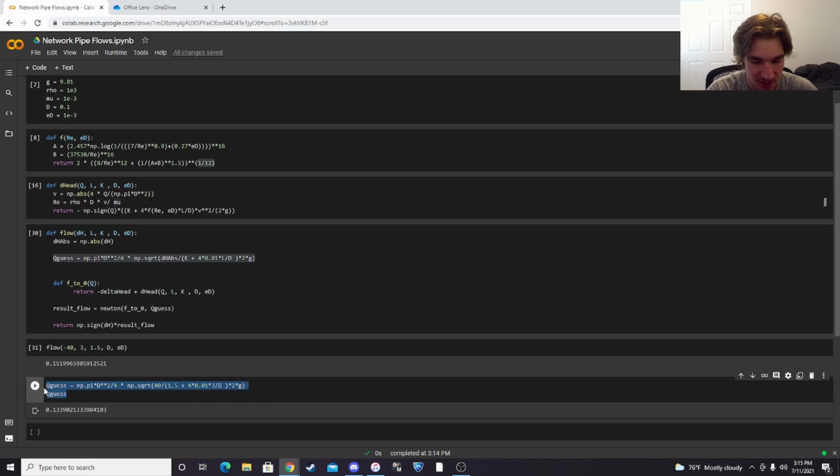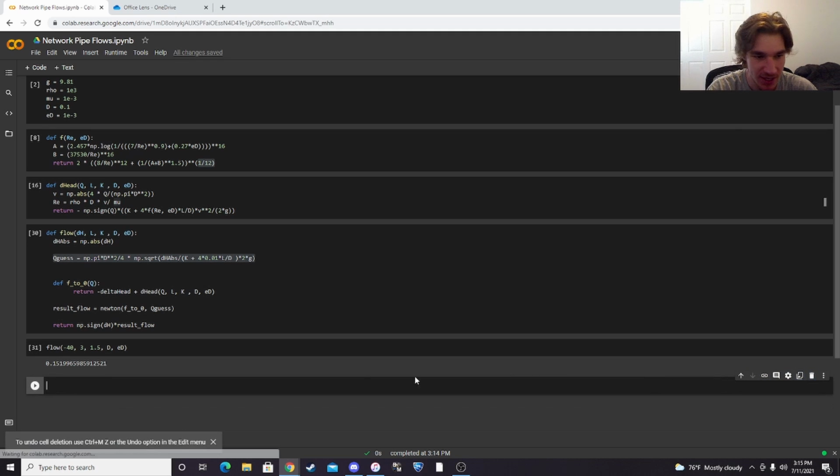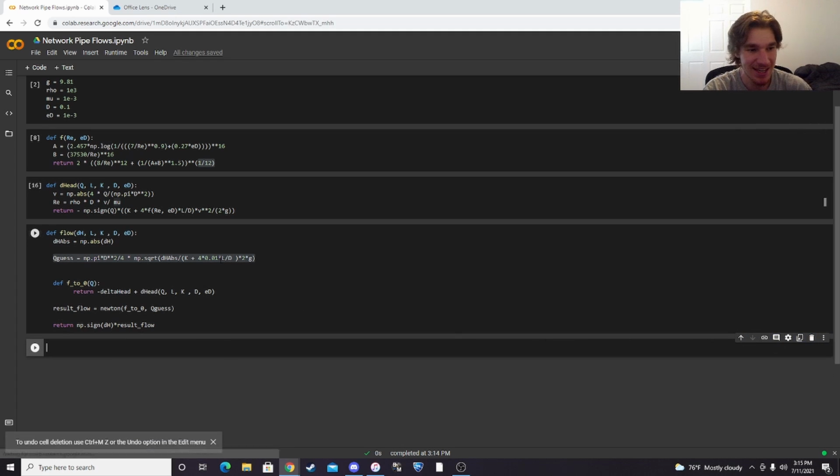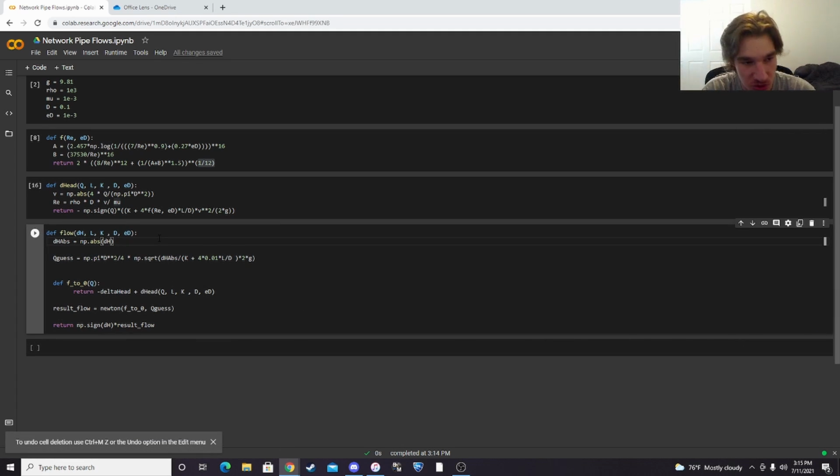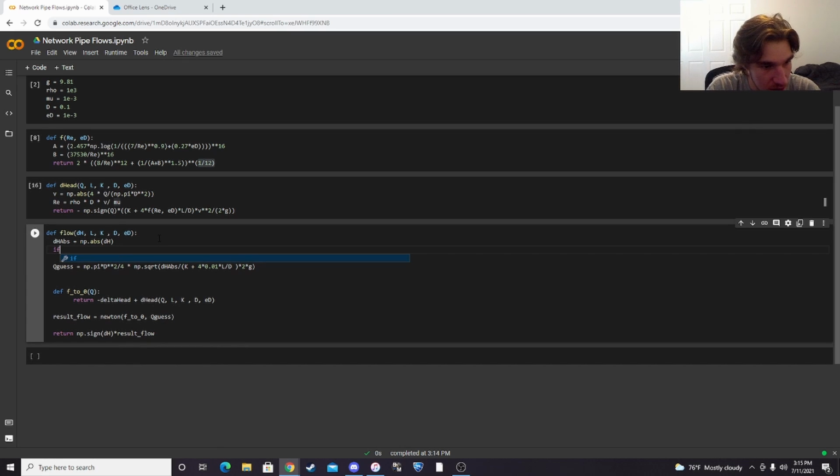So now that we have that out of the way, we want to create a case for the very, very, very small values. So if DH is less than 0, or D halves, I guess, because we want it to be positive.